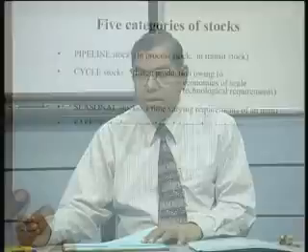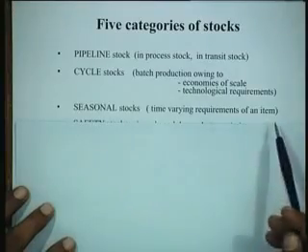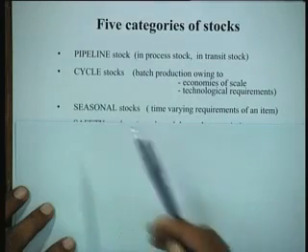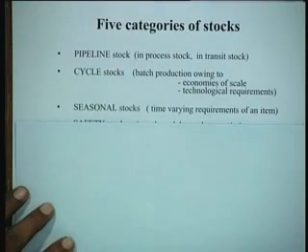If you visit a sugar factory, you invariably find that sugar cane is stored in large quantities just outside the sugar factory in certain seasons when the sugar cane crop matures, and after that it's not available. So that's an example of a seasonal stock. There are time varying requirements of an item, and because of these you can have seasonal stocks.